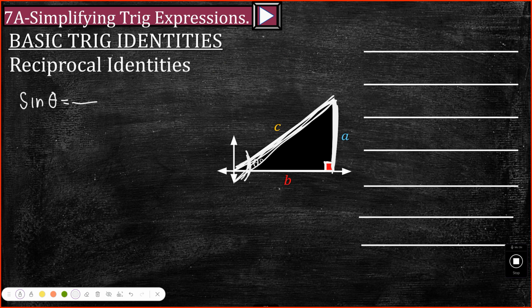So it's going to be A over C. Let's put sine theta over 1, make it a fraction as well, A over C.